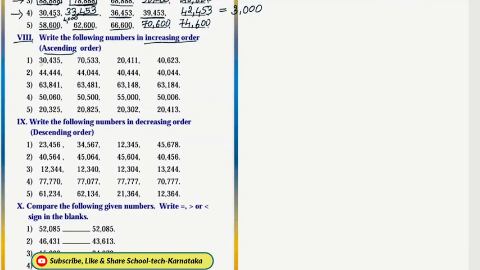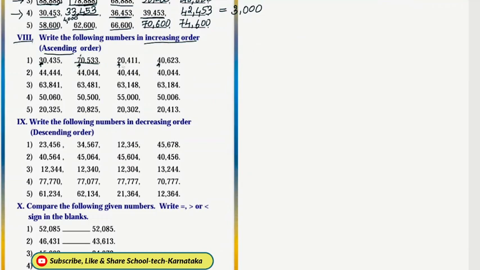We compare the digits at the 10,000s place first, and here we have 7, 3, 7, 2 and 4. We need to find the smallest number.